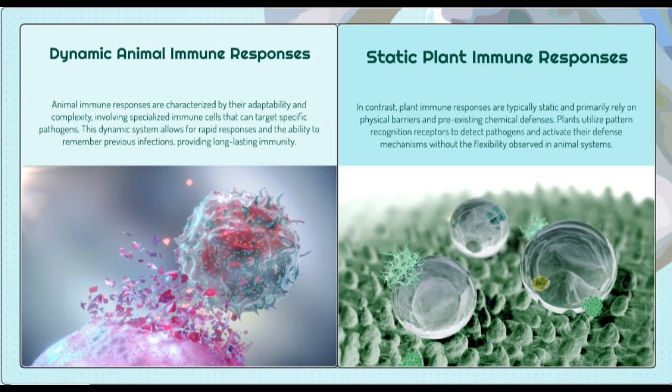What makes them dynamic is their ability to respond quickly and remember previous infections, giving long-term protection. As shown in the picture, we can see an image of an immune cell, most likely a T cell or a macrophage attacking pathogens. The bright color represents how active and responsive these cells are when fighting off infections.